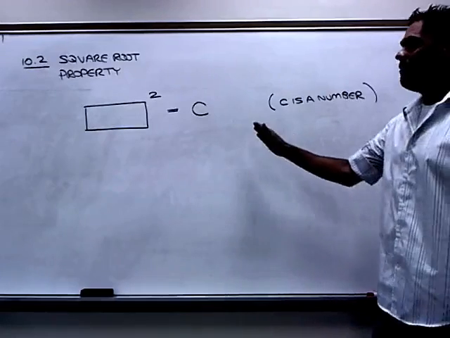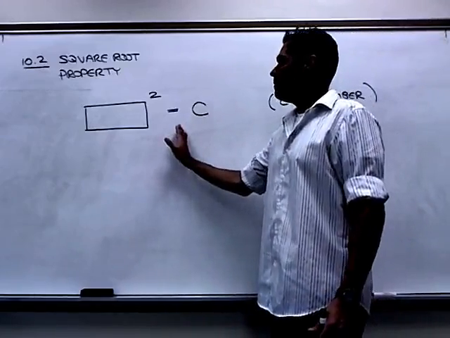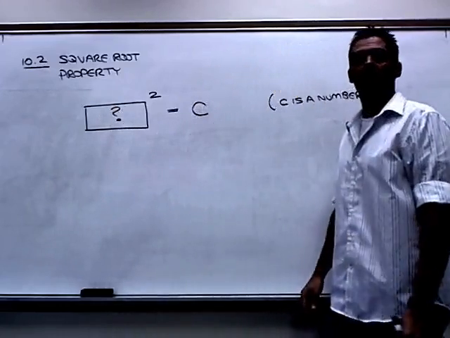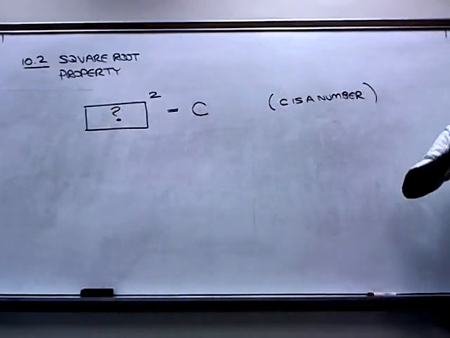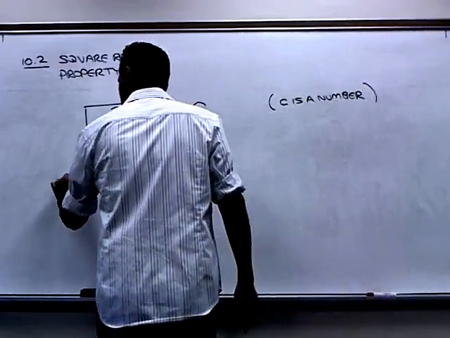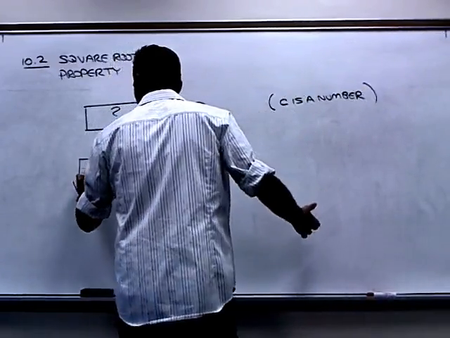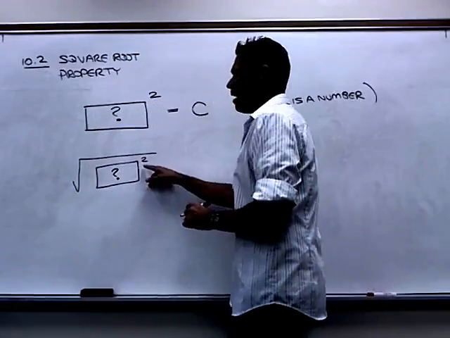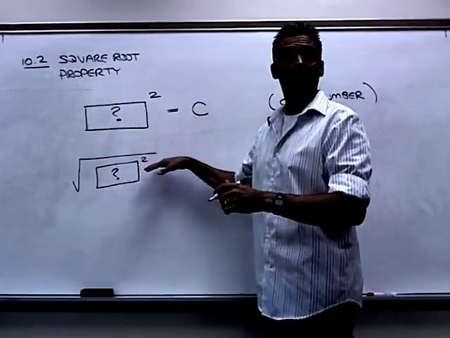If you ever have this situation and you're trying to figure out what this is inside, you can always take the square root on both sides of the equation. So you're not squaring it, you're square rooting it. The thing that's squared, I'm square rooting it.